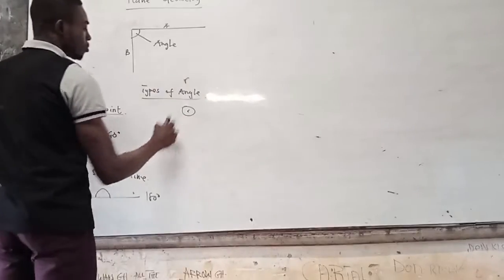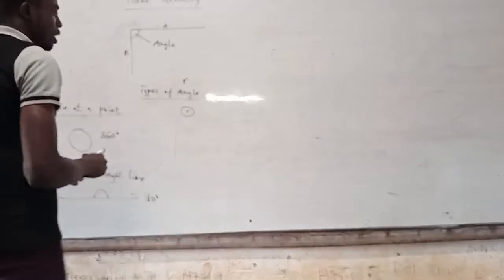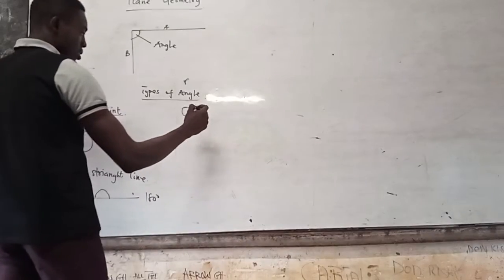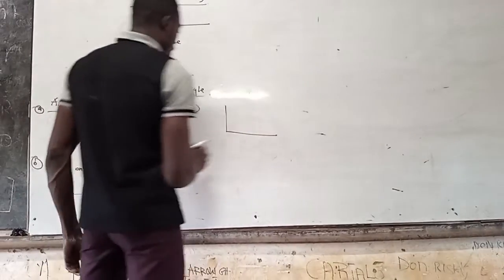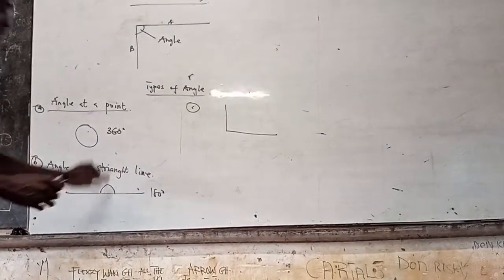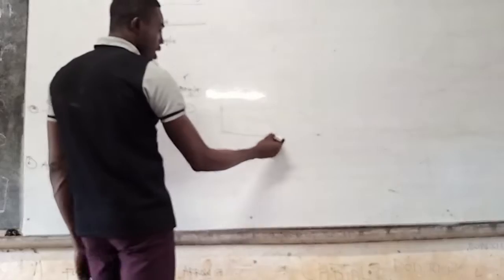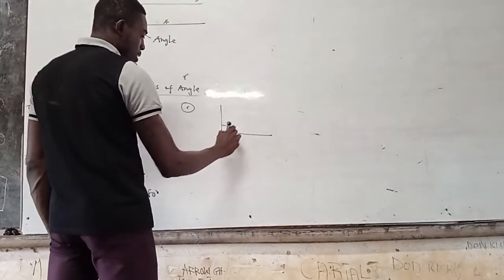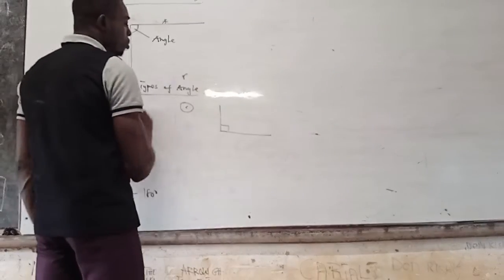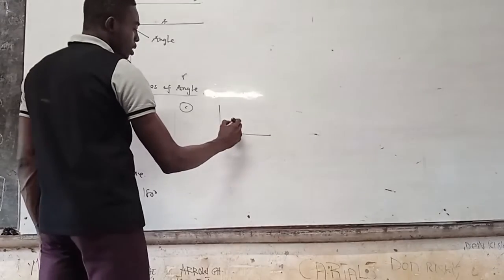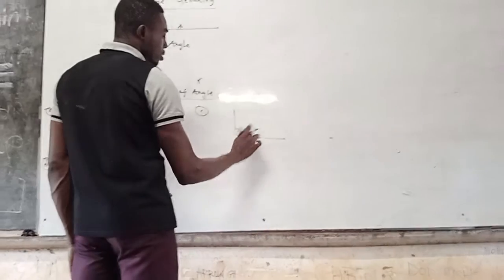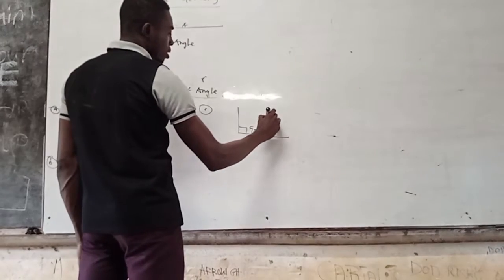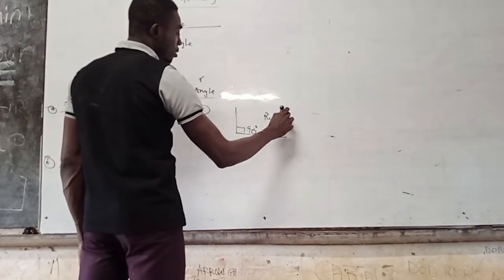See, when we have an angle that is divided by this, we have a line and this symbol is here. This shows that it is 90, and we call this a right angle.